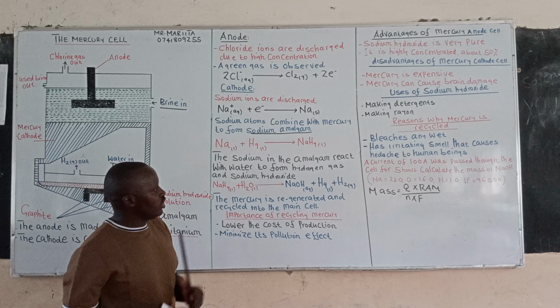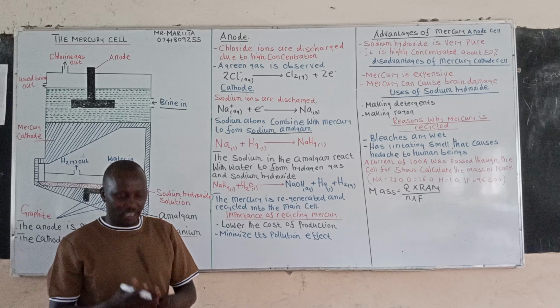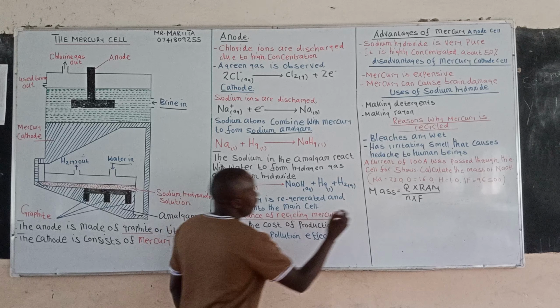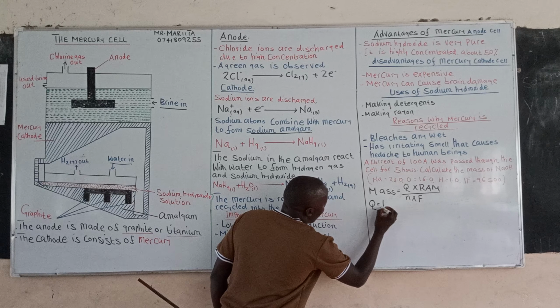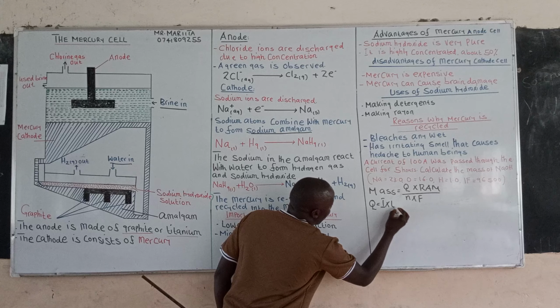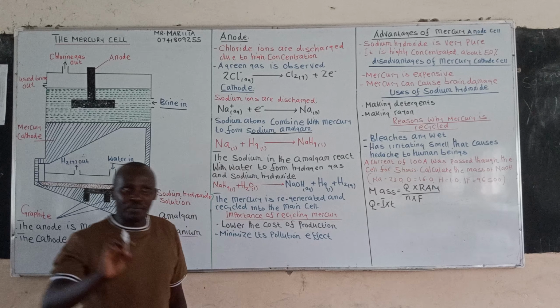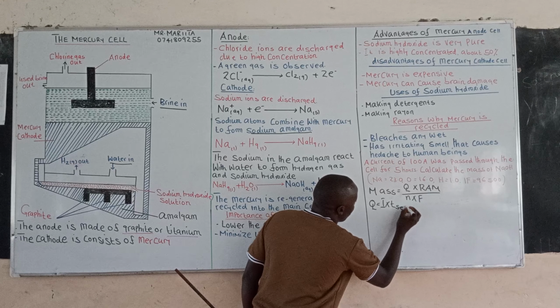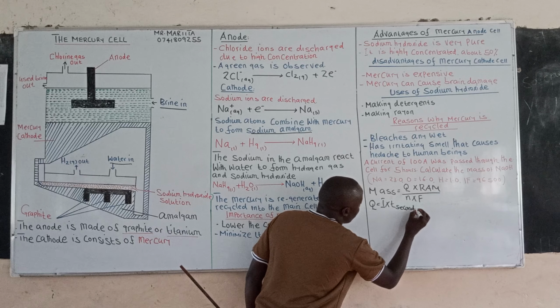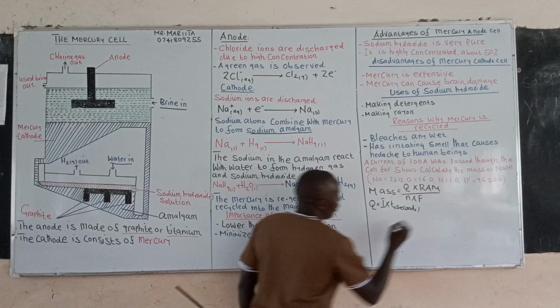So, from this equation, the quantity of electricity is given by the current times time. And remember, this time must be in seconds.